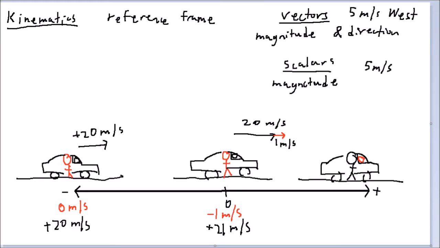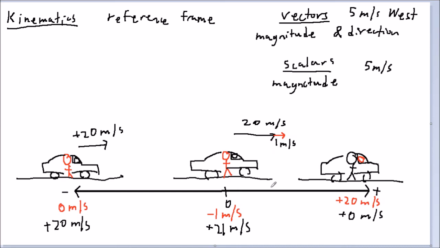And now finally, let's say that you're actually in the car, right? And there's some other person standing out here. Well, if you're in the car, then your speed relative to the ground is positive 20 meters per second. The car is actually at rest relative to you. Your velocities are both 20 meters per second. So that means that your observed car velocity will actually be 0 meters per second. Actually, the positive here isn't necessary, it's just 0.